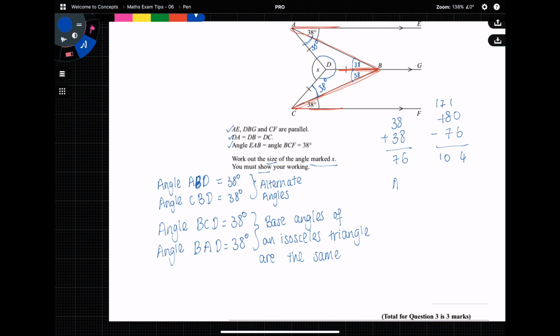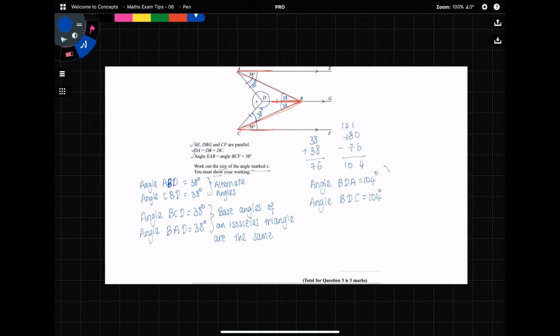Okay, so we know angle BDA is equal to 104 degrees, and angle BDC is also 104 degrees, and tell the examiner that this is because angles in a triangle add up to 180 degrees. Okay, so got that.